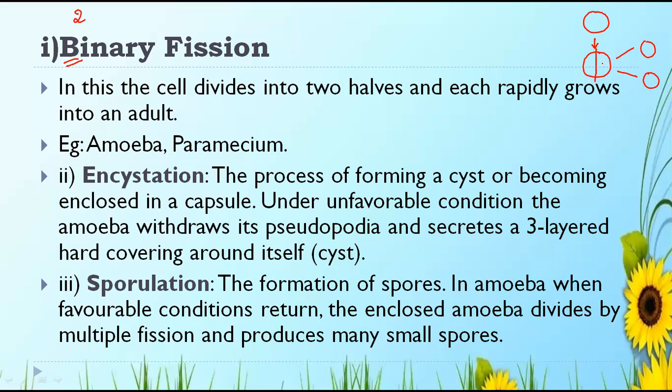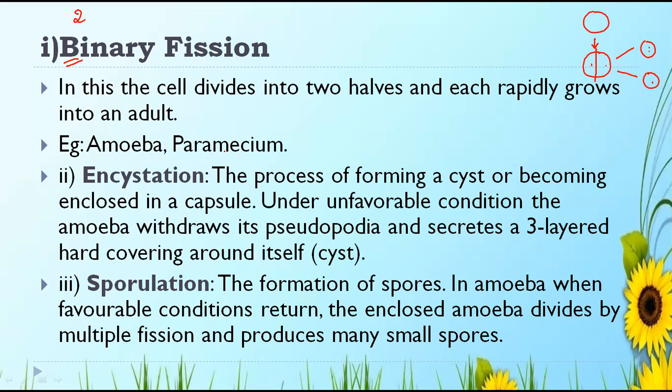One organism will divide into half, and one half will grow into one adult, another half will grow into another adult. The examples are amoeba and paramecium. They are from the protista.